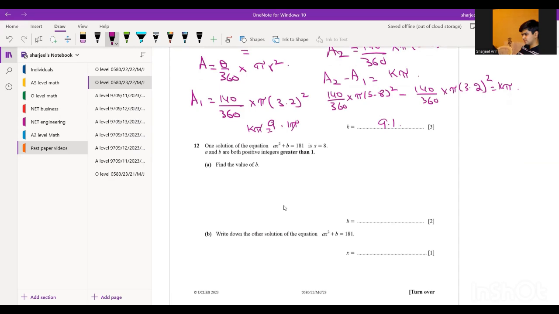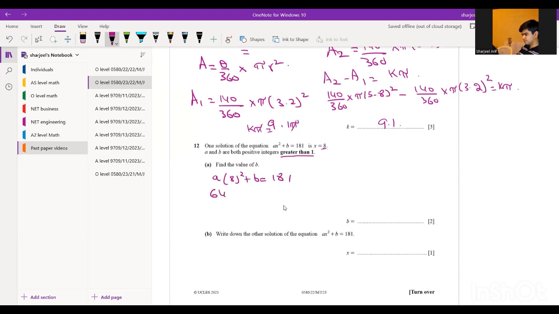For question number 12, we have one solution of the equation a x square plus b equal to 181 is x equal to 8. A and b are both positive integers greater than 1. So if a is greater than 1, let it be 2. If we need the value of b, we will substitute the value of a as 2. Substitute x equals 8 first.